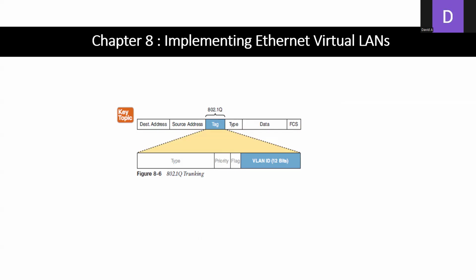The normal range is VLANs with values from VLAN 1 all the way up to 1,005. And then we have the extended range, which is VLAN IDs from 1,006 all the way to 4,094.